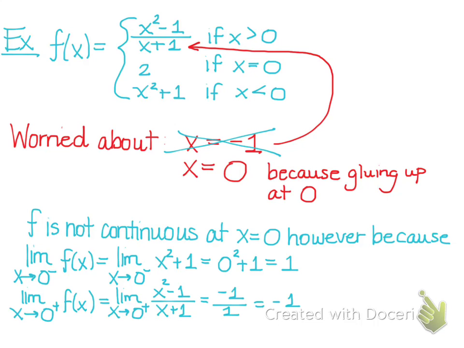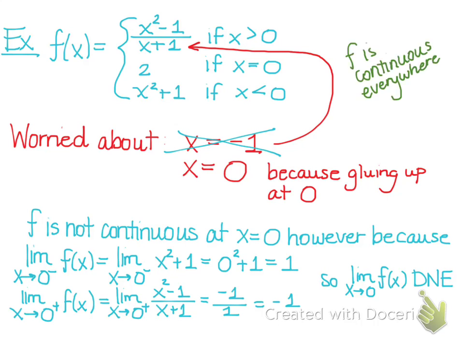So notice that the limit does not exist at 0. This is one of the requirements, however, for the function to be continuous. So notice that f is continuous everywhere except at x equals 0.